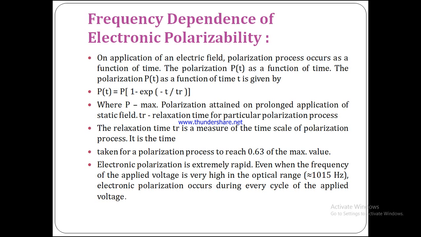The relaxation time Tr is a measure of the time scale of the polarization process. It is the time taken for the polarization process to reach 0.63 of the maximum value.